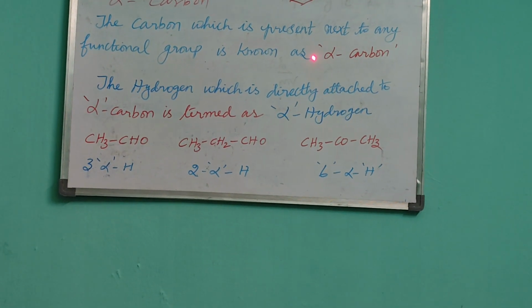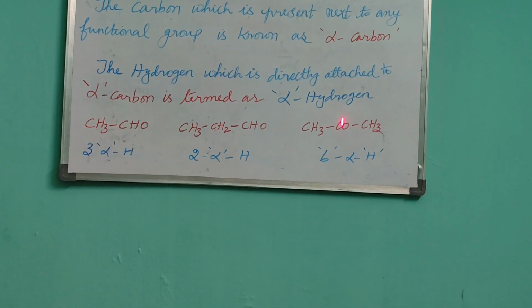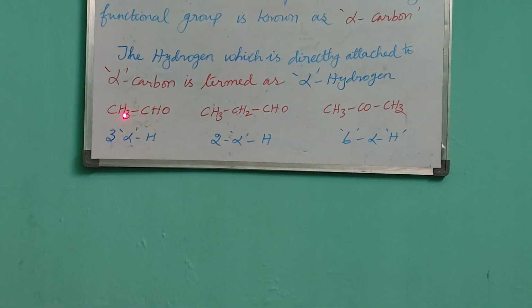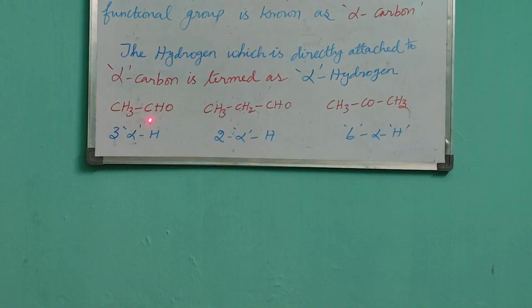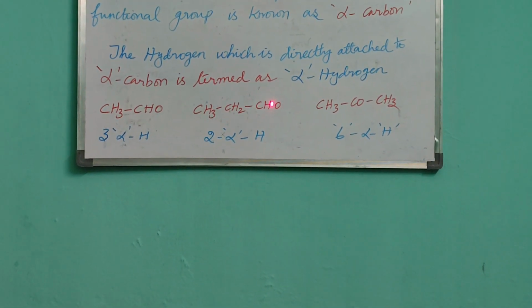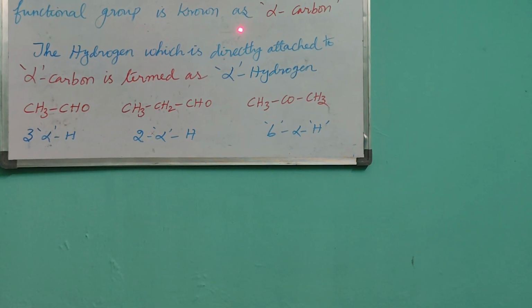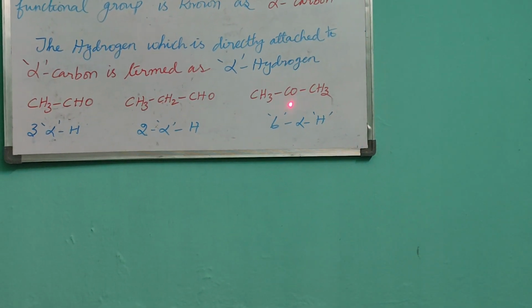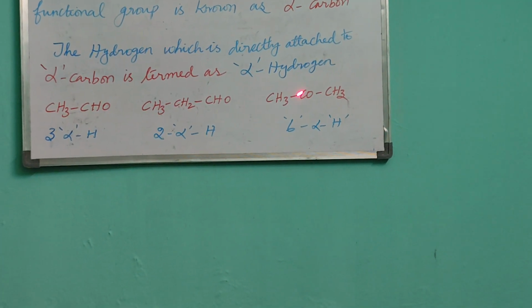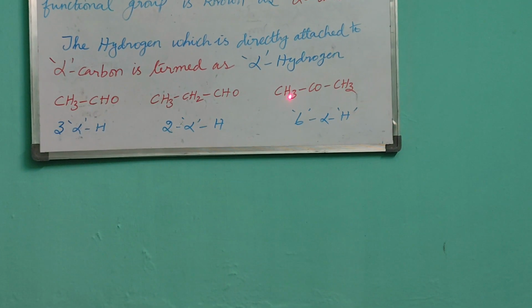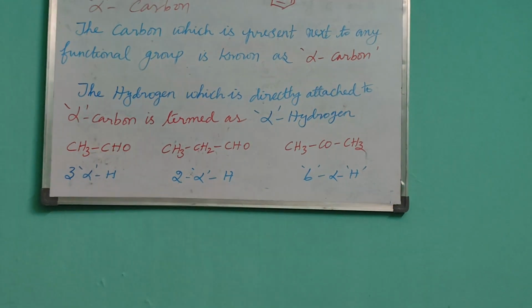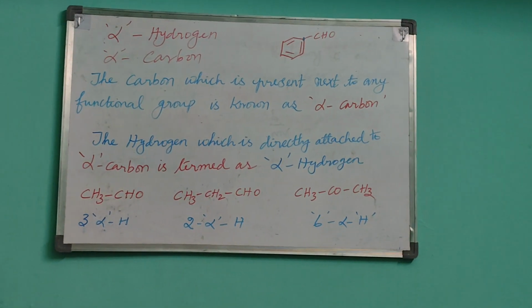The carbon which is directly attached to the functional group is the alpha carbon. In the first two cases, only this carbon is directly attached to the functional group. But here, the ketone being in the middle of the compound, is directly connected to two carbons. Therefore both these carbons will be called alpha carbons.